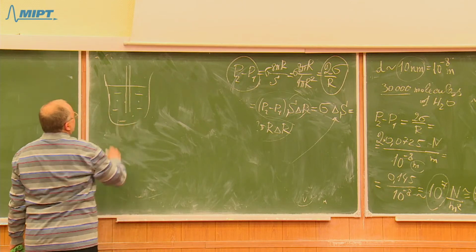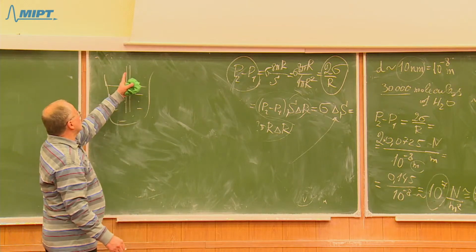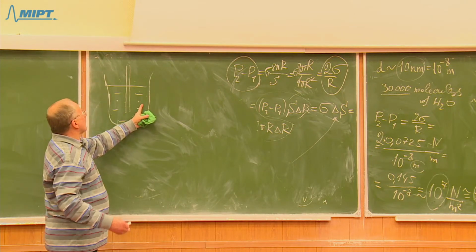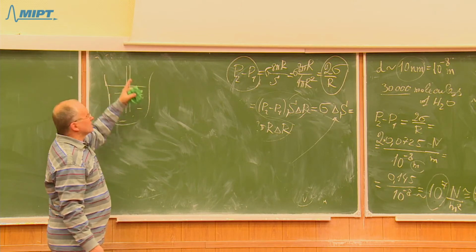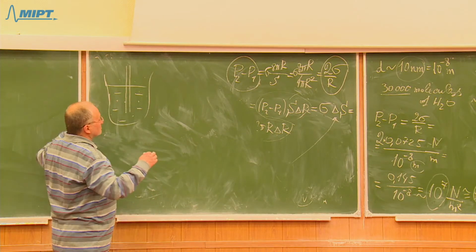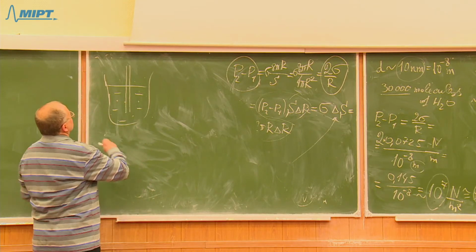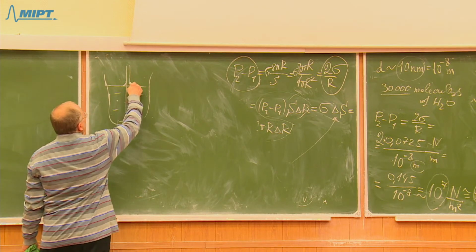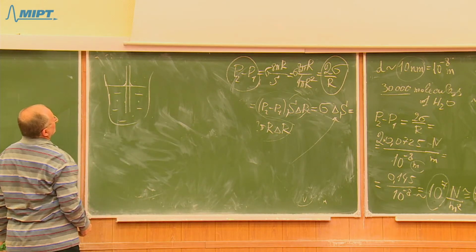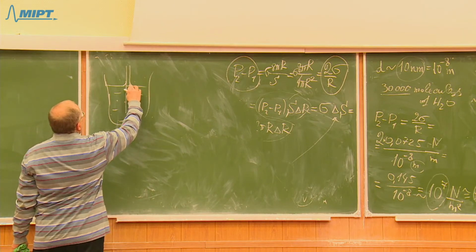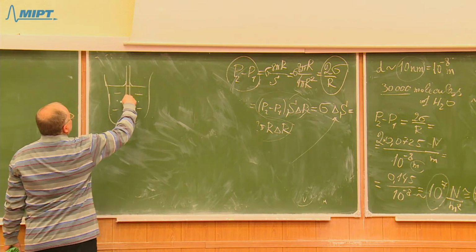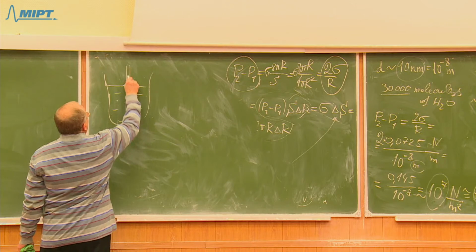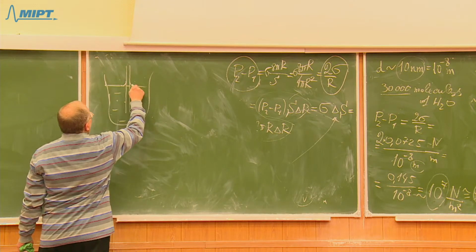If this is water, we will talk about it. If the tube is made of glass and this is water, then by experimental observation it's known that water is wetting the glass. It means that water tends to be attracted to the glass. It means that the water surface near the glass wall will have this concave shape, and the water inside the small tube will go higher than the level of water outside the tube.